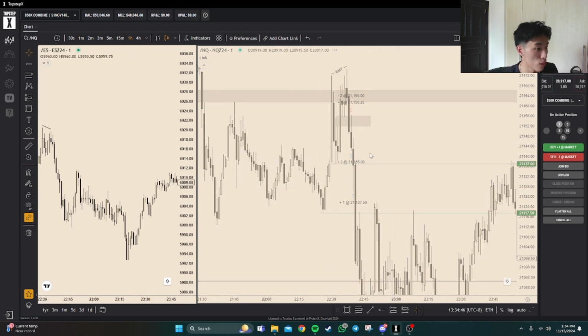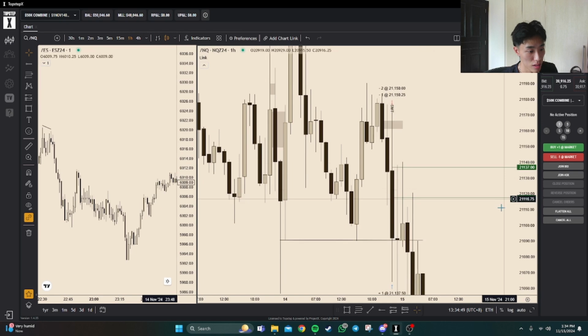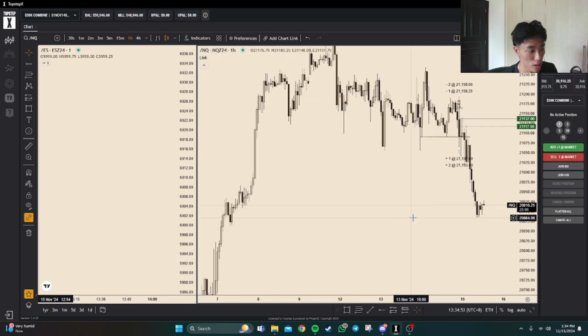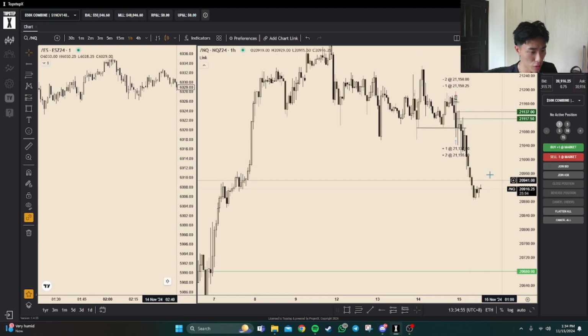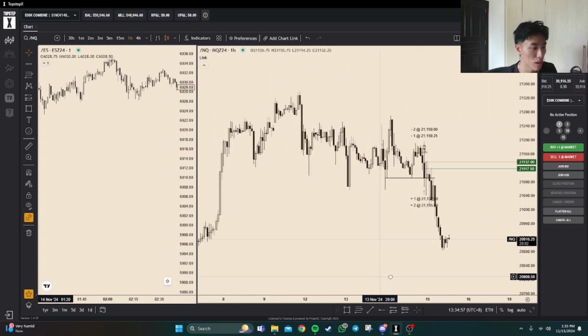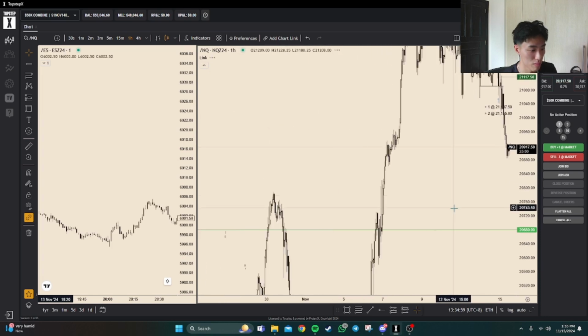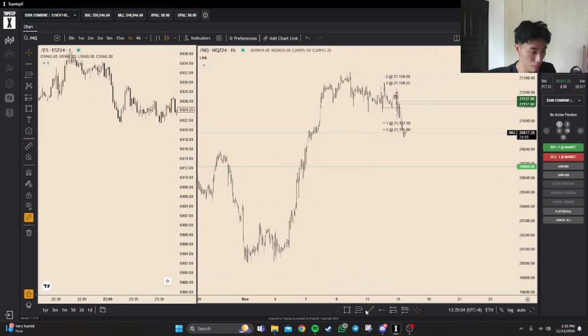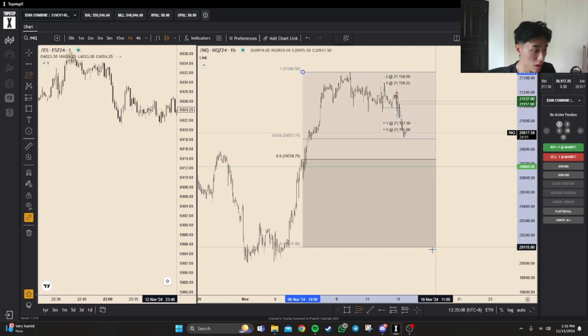So outlook for tonight's trade. We had a large move down so far. Not sure if we're gonna consolidate here, but I'm probably gonna be bearish until we hit some sort of a zone.